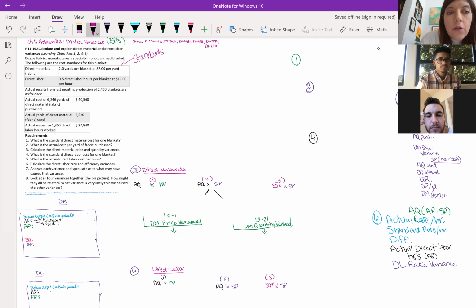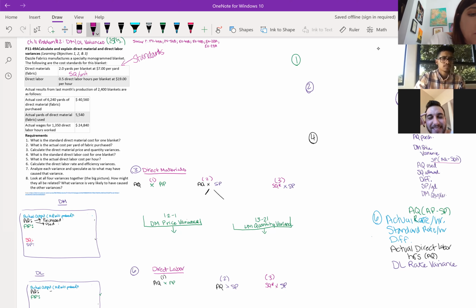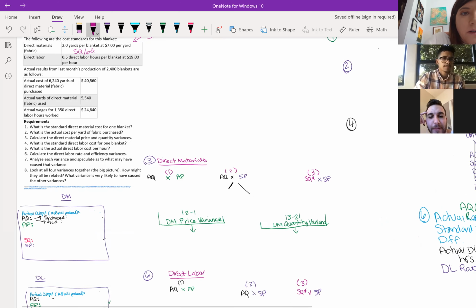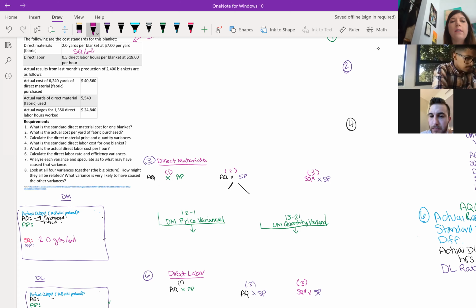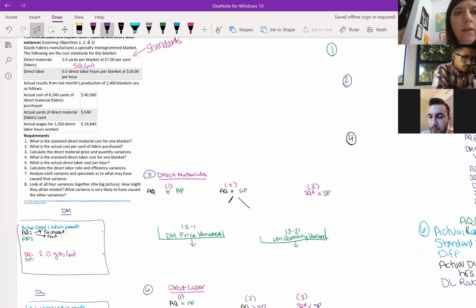So what is the 2 yards per blanket? It's the material. It's our standard quantity per unit. So I'll just put it down below. So 2 yards per unit at $7 per yard. That's our standard price.